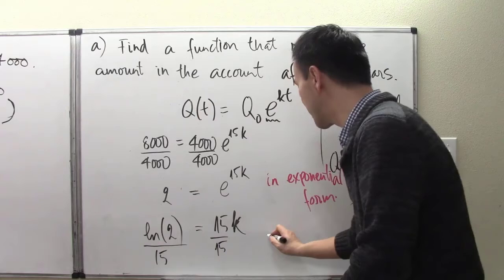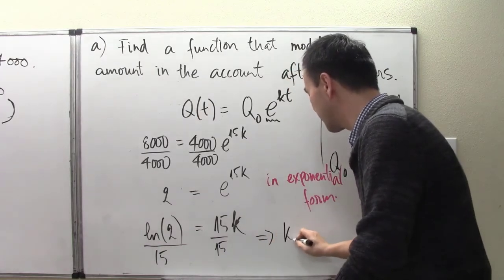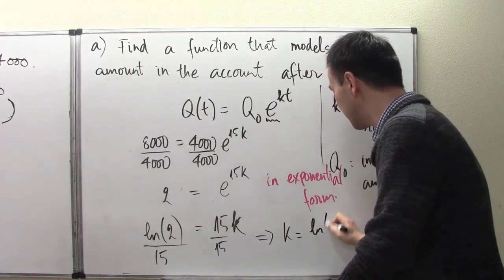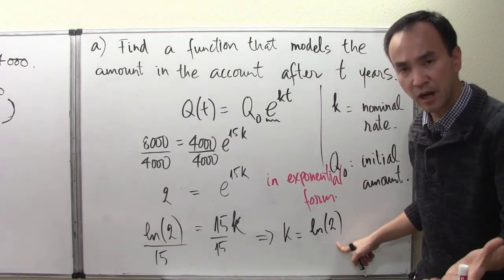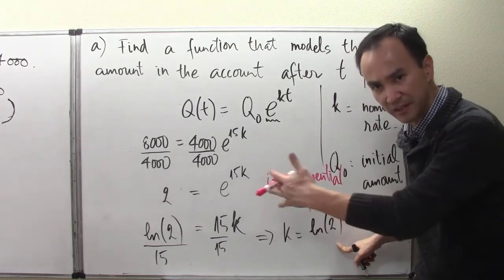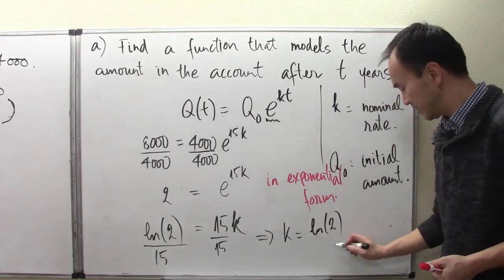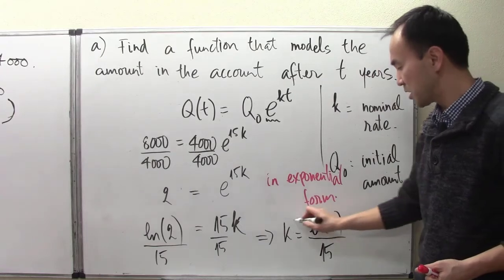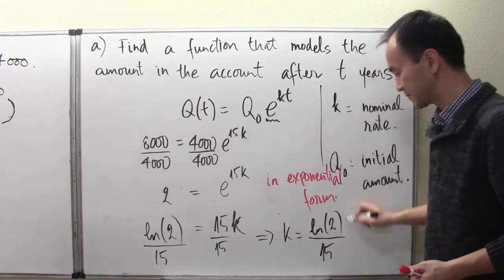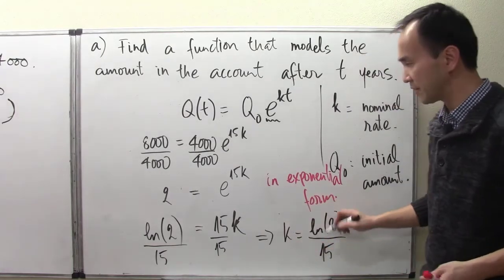And this is where I'm ending up with k equals the natural log of 2. This is a known value that can be easily obtained from any standard calculator, and we will divide it by 15.